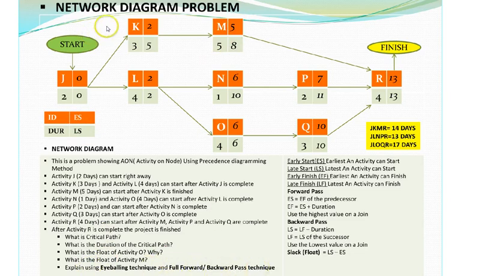Now there could be some more questions asked on your exam. For example, after you have already drawn your network diagram, there might be a question saying: what if the duration of activity M changed from 5 days to 10 days? Now, what is your critical path?